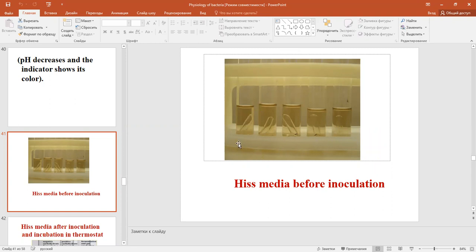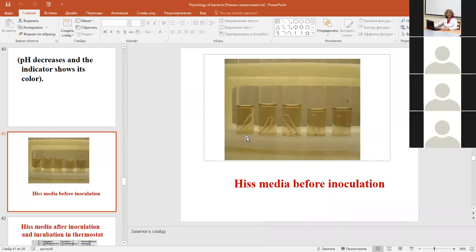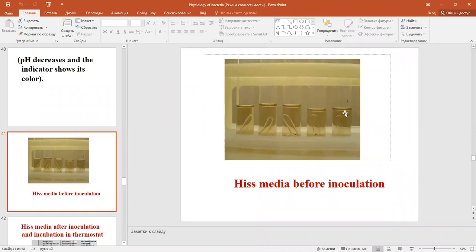And there is fuchsin. Fuchsin is a dye and it has raspberry red color. But before inoculation, the medium is colorless because fuchsin is in alkaline pH. If the medium has alkaline pH, fuchsin is colorless.